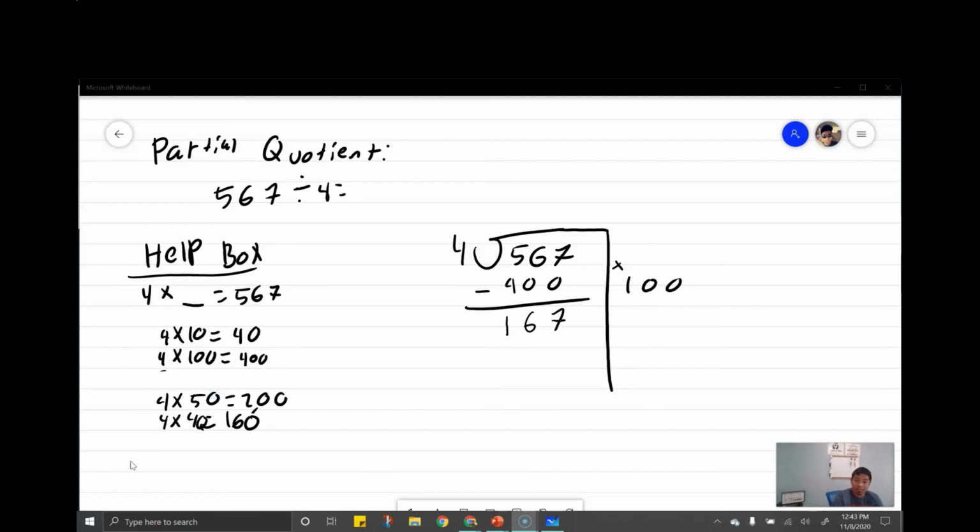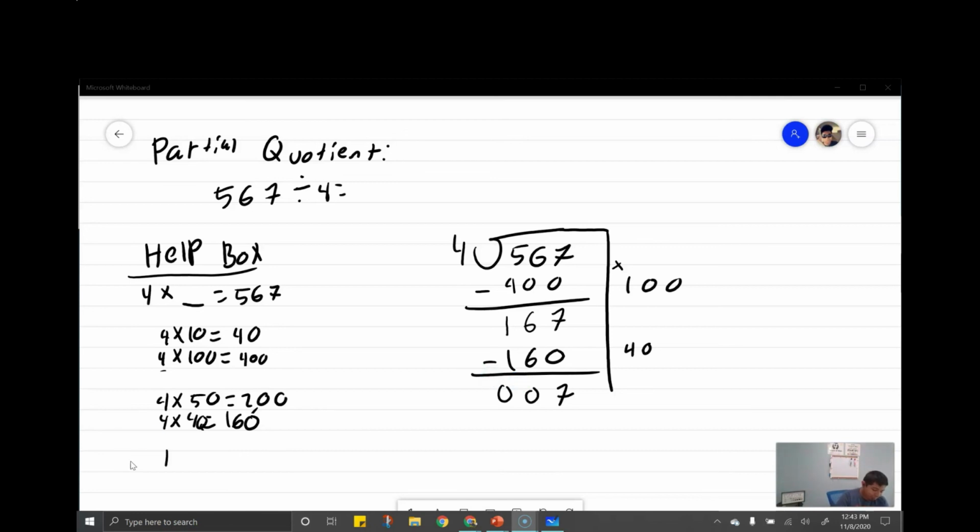Oh wait, 167. That's close. So we're going to use 40. 4 times 40 is what? 160, good. 7 minus 0, 7. 6 minus 6, 0. 1 minus 1, 0, good. So now we have a leftover 7.